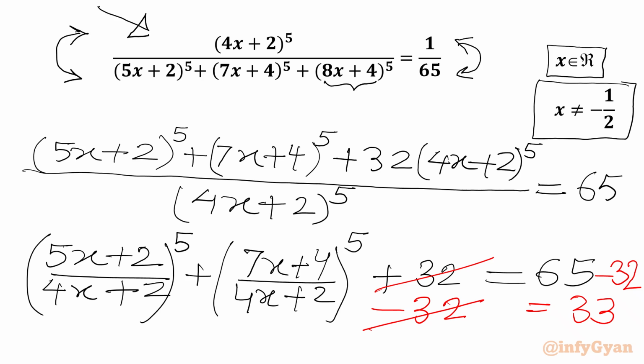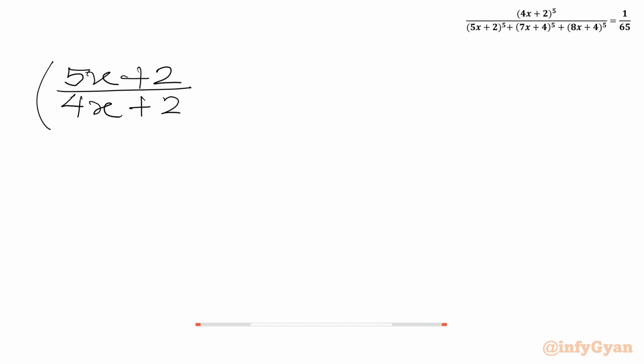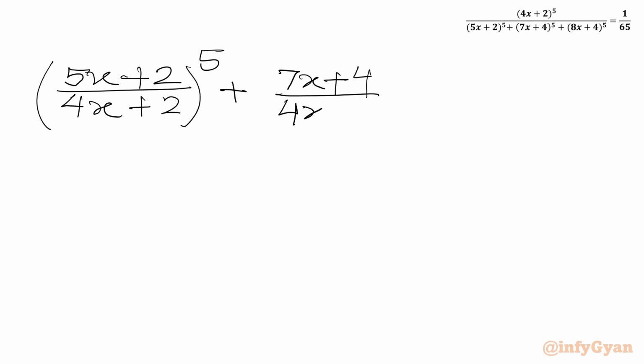So we will write our equation: 5x plus 2 over 4x plus 2 whole power is 5 plus 7x plus 4 over 4x plus 2 whole power is 5. RHS is 33.